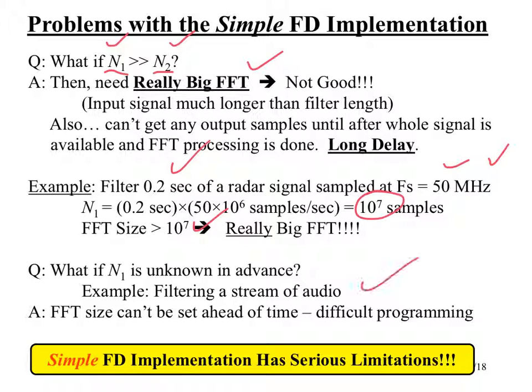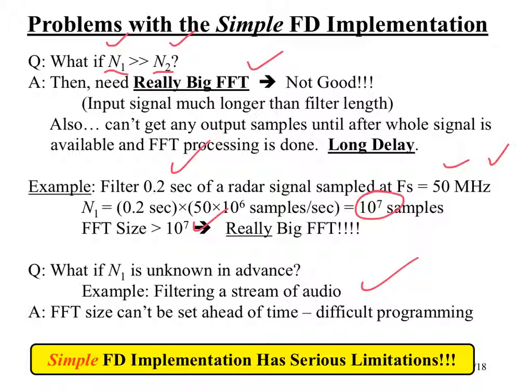And then this is the issue with filtering a stream of audio. My FFT size can't be set ahead of time, and I have to wait until the entire audio stream comes in. Then I can start to do processing, and some short time after that, due to delay of computation, I can start to get the first output sample.